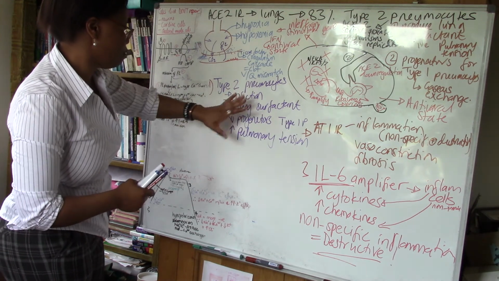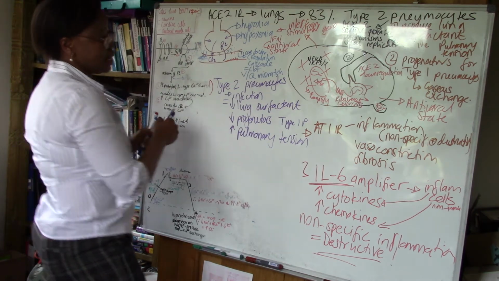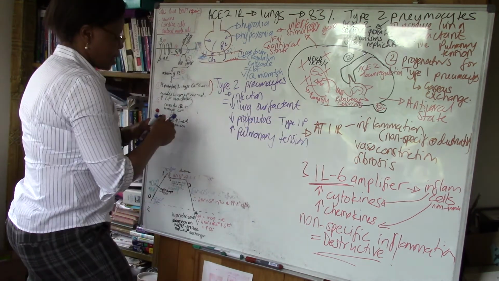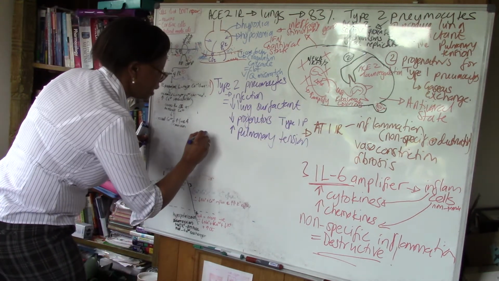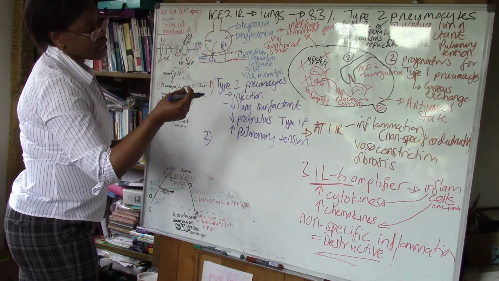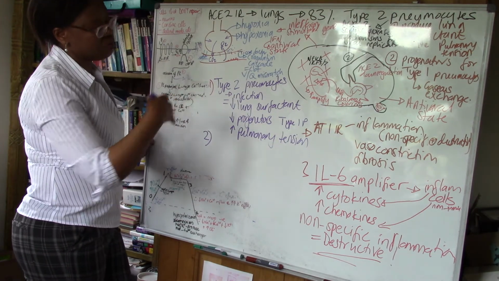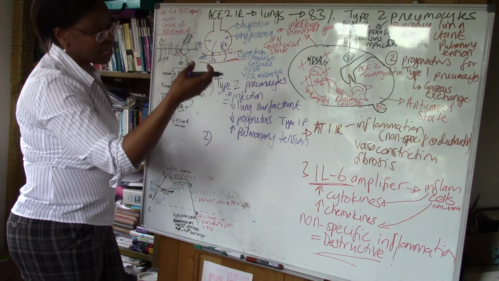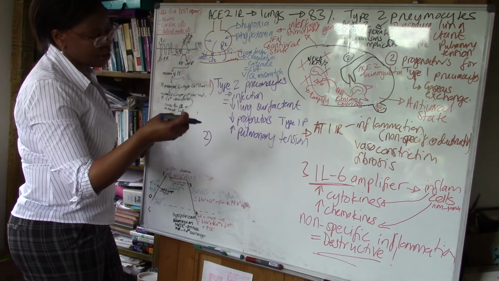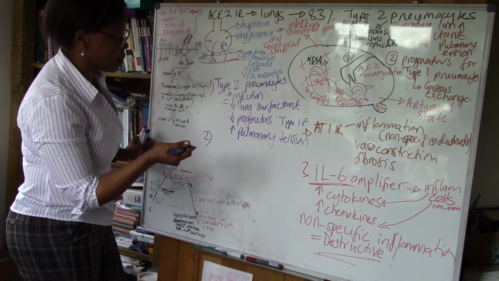Also, we have destroyed the type 2 pneumocytes, we've destroyed type 1 pneumocytes, and the virus itself is propagating and disseminating. And as it's doing that, it's spreading all over the body anyhow, and if someone is coughing, viral particles are also being spread out to other people.